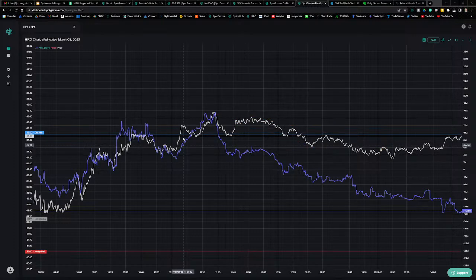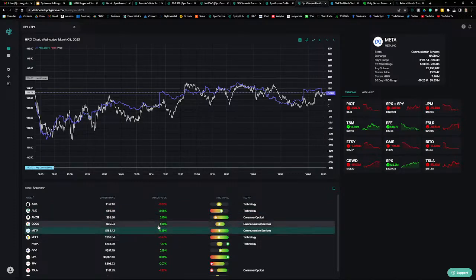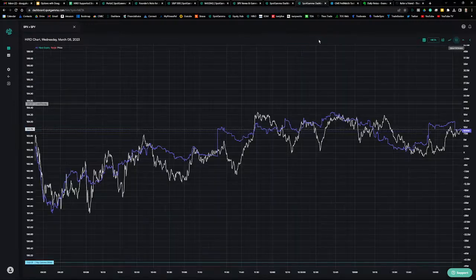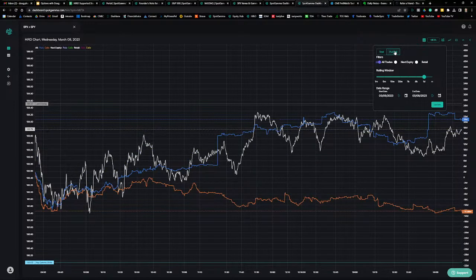And also as that call wall target was reached. Let's take a look at Meta. All right, Meta, there's a strong correlation between options trades, hedging flow, and price action. And in the case of Meta, traders were actually selling puts. That's shown by the rising blue line.